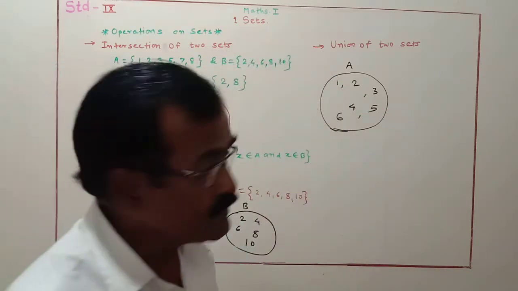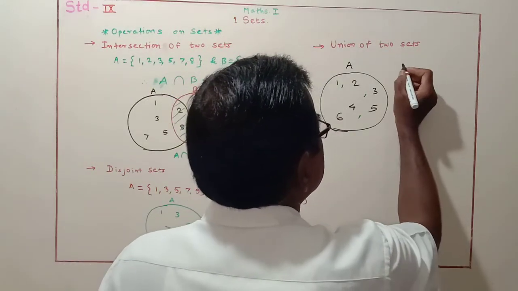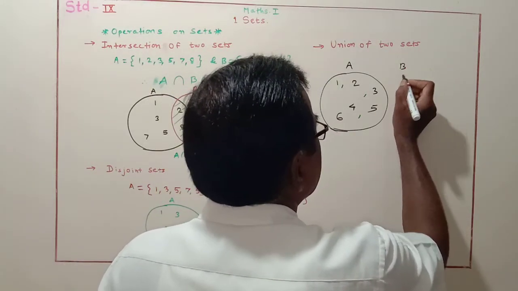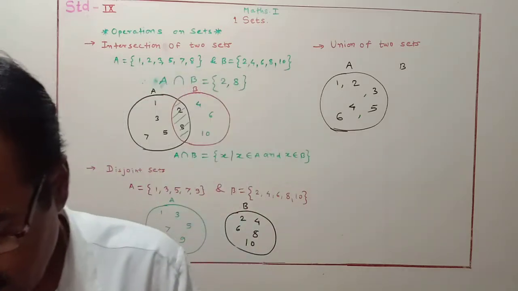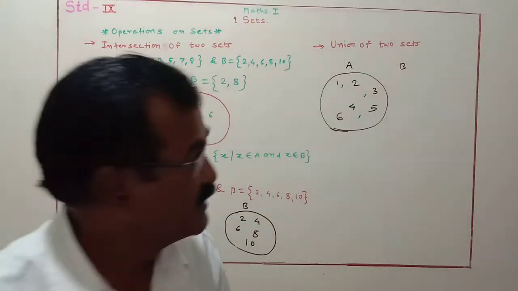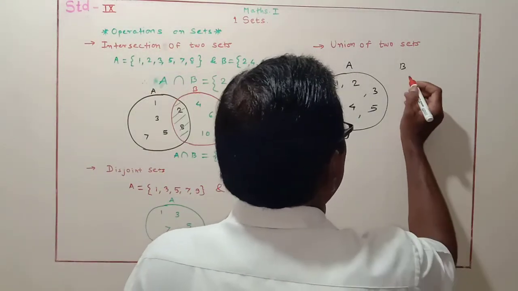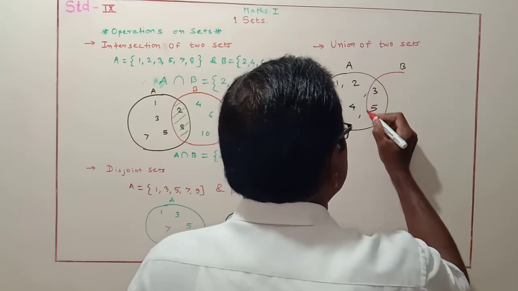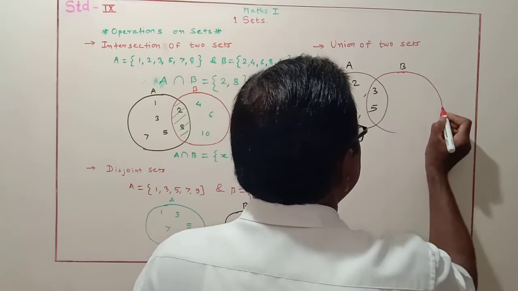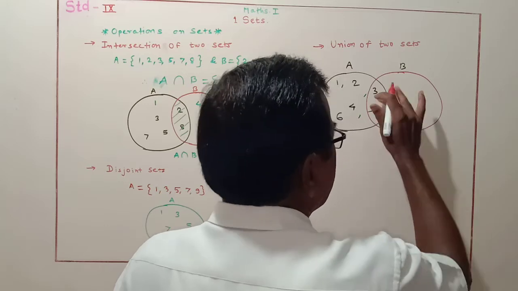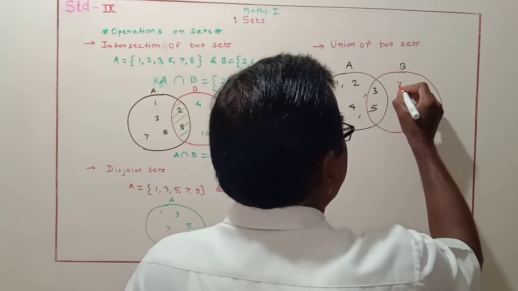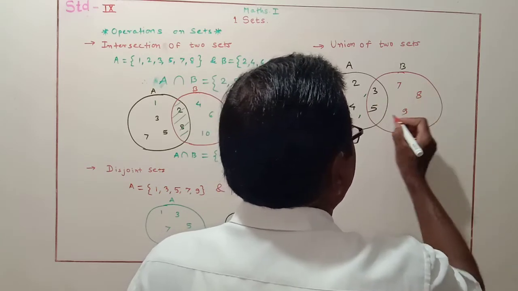And set B, suppose in set B there are some elements: 3, 5, 7, 8 and 9.